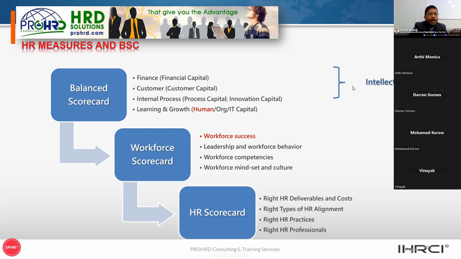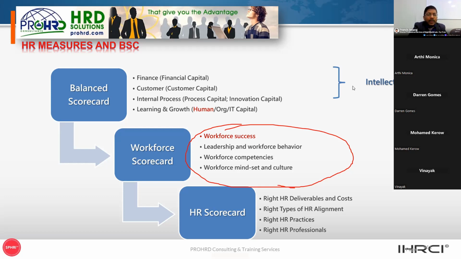You need to have workforce success, leadership and workforce behavior, which we talked about as the competency framework. You need to properly define workforce competencies, workforce mindset and culture, and they have to be processed and managed. And then from that, you drill down to the HR scorecard.